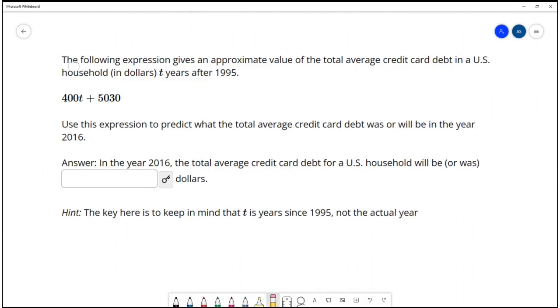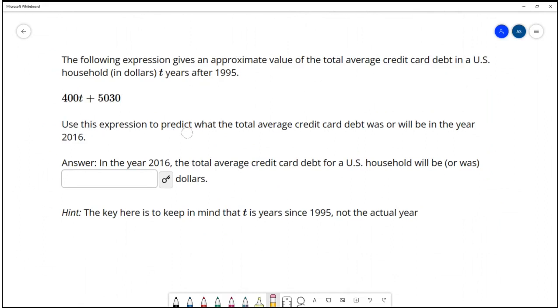In this question, we have the following expression that gives the approximate value of the total average credit card debt in a U.S. household in dollars T years after 1995. So this is the expression 400T plus 5030.